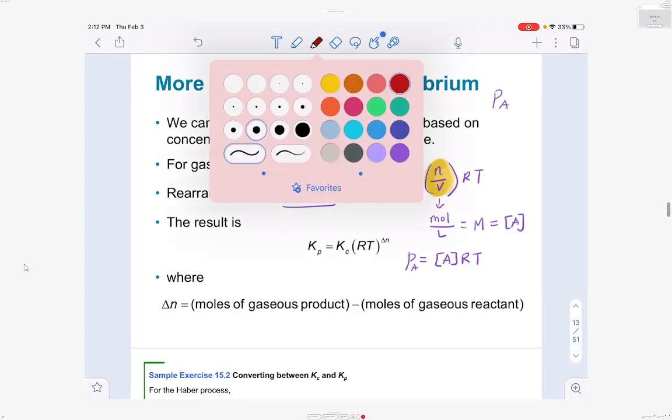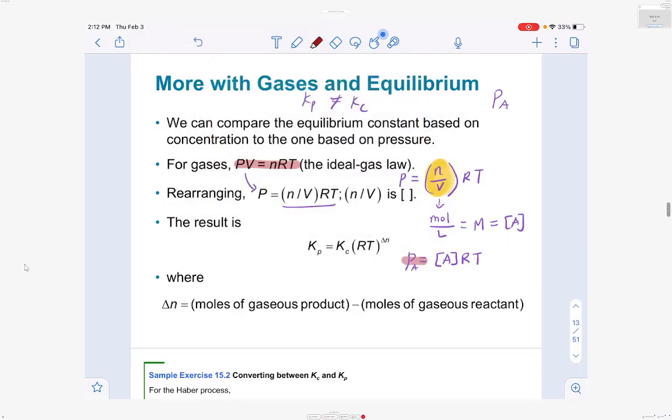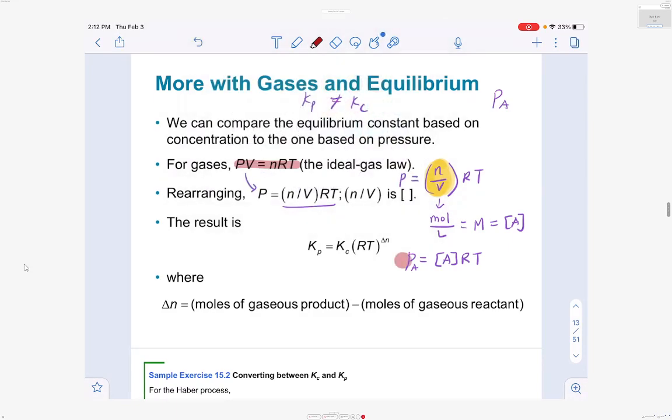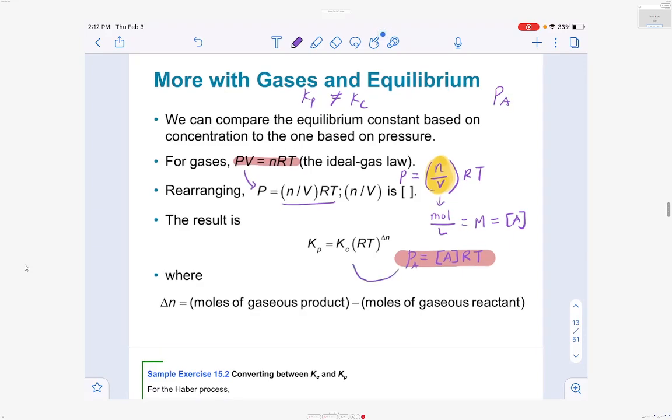We derived this equation from the ideal gas law, and this will allow us to arrive at this equation, which shows the relationship between Kp and Kc.